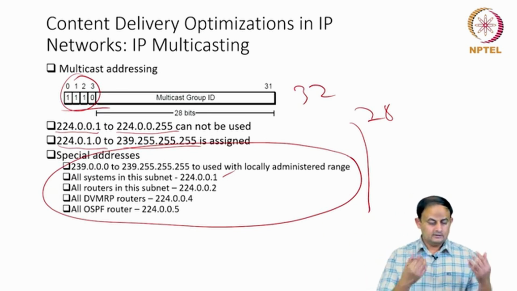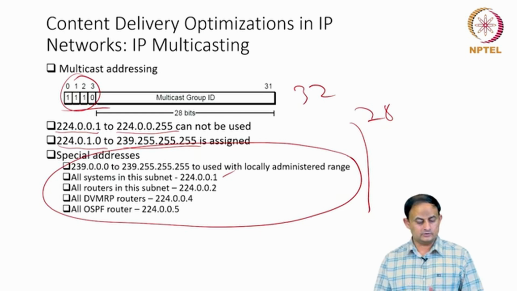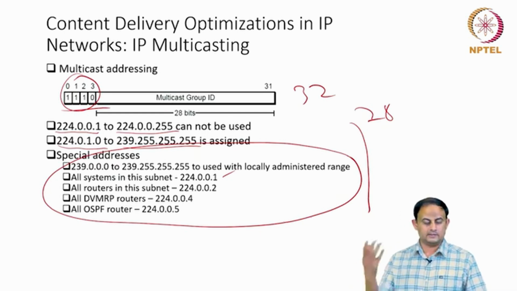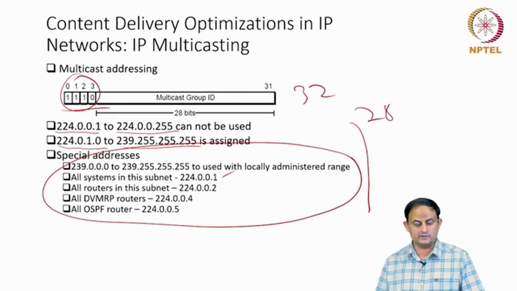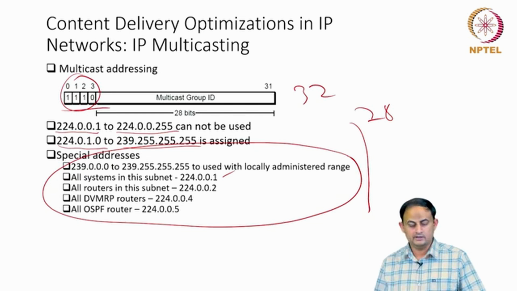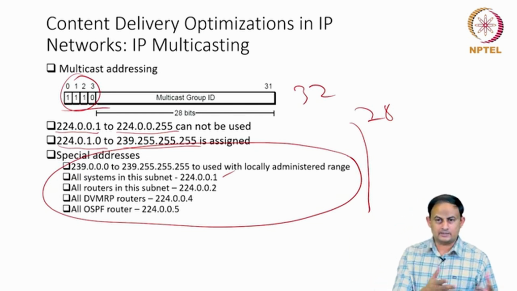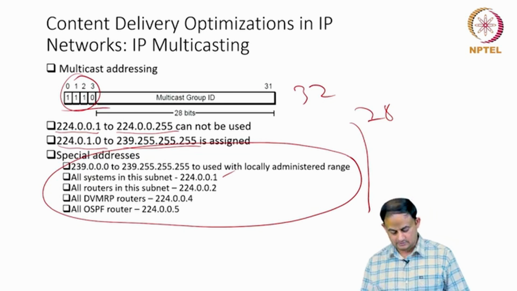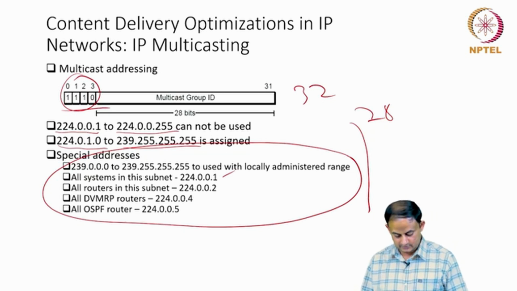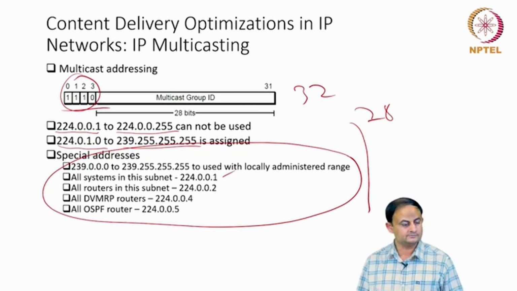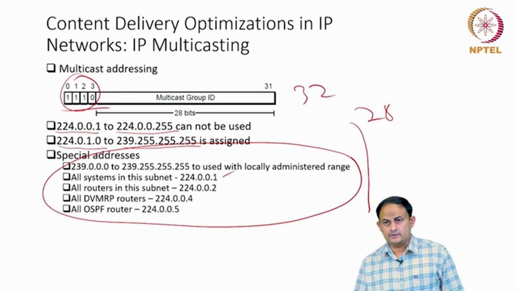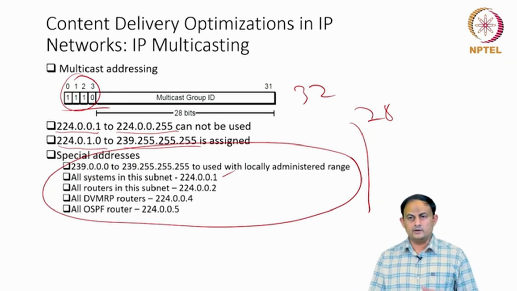The second, 224.0.0.2, also means the communication should go to all the users within the subnet, but particularly those interested in receiving the multicast content. There are a couple of other IP address series also reserved for other purposes, particularly for routing applications. So, that is a way of doing the optimization.